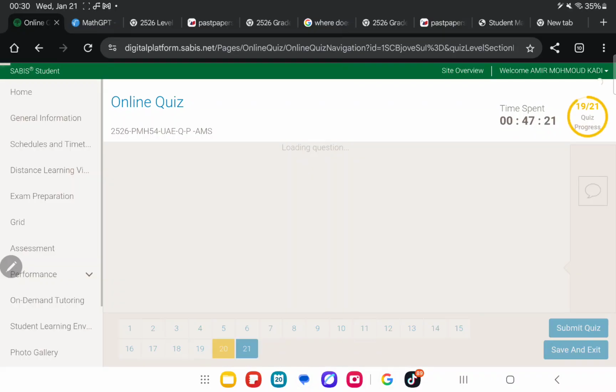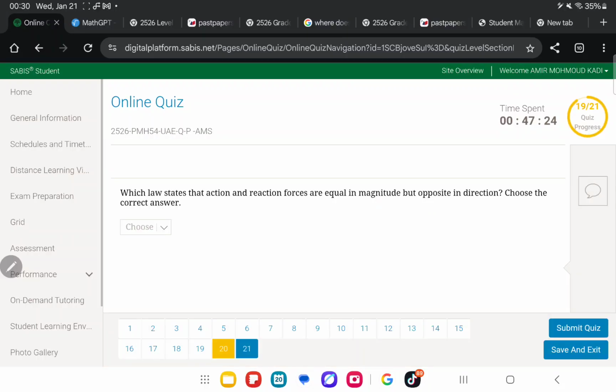Easy. Two questions and none of them are even calculation, I'm pretty sure. So which law states that there are action-reaction forces equal in magnitude, opposite in direction? This is the third law.